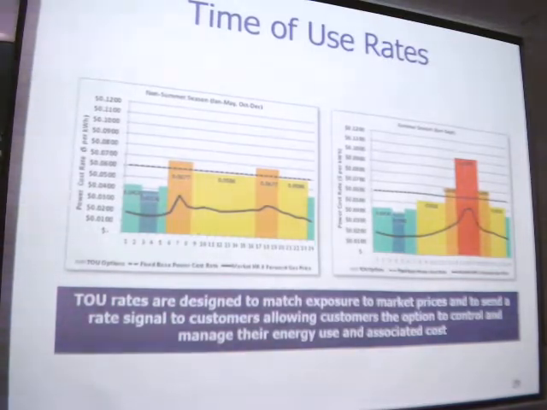The TOU rate is designed to match the market prices and to send a signal to the customers, persuading the consumers to control and manage their energy use and associated cost.